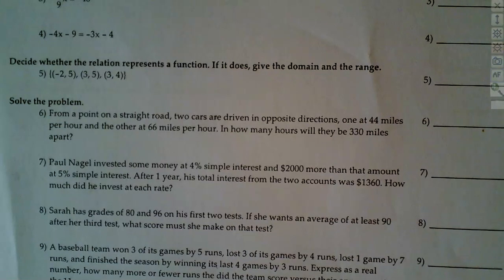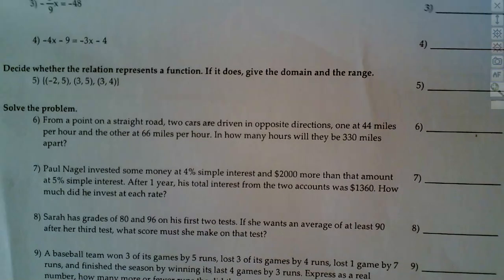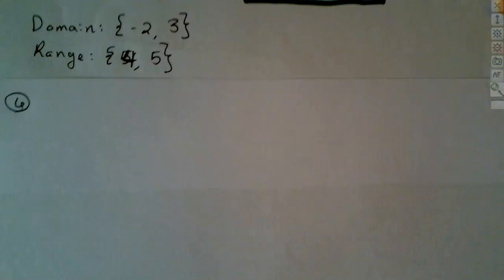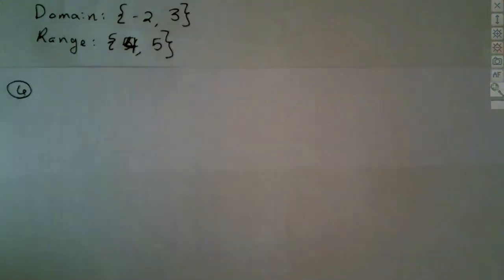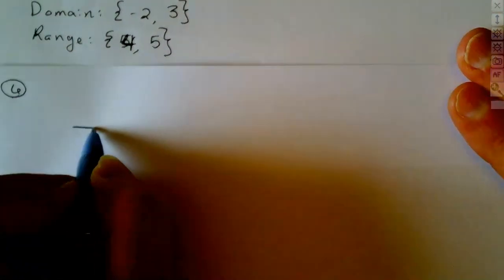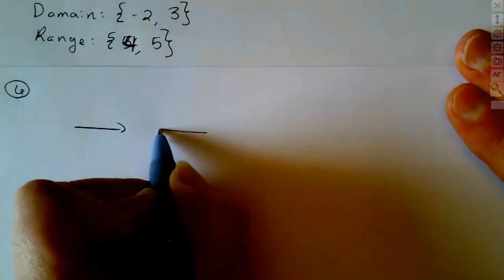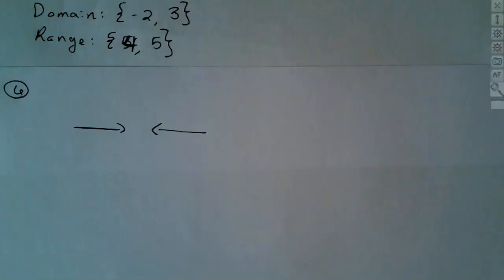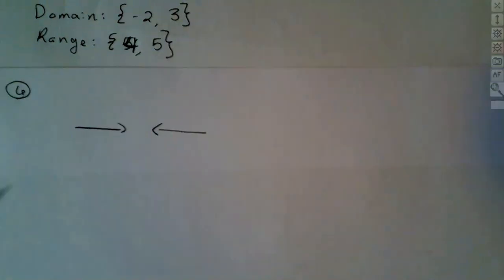In how many hours will they be 330 miles apart? So the first thing we look at is this addition, subtraction, or equals? And we determine that by drawing our vectors. And so it says 2 cars are driven in opposite directions. So our diagram is going to look like this.